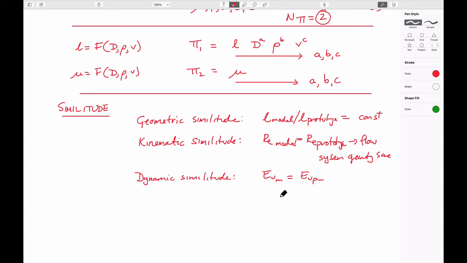That makes sure that the forces acting on the two systems are linked. In other words, you can measure forces on the model to relate to the forces applied on the real structure. So if you know what the forces are on a model airfoil, you could calculate what the lift, for instance, would be on the real prototype airfoil.